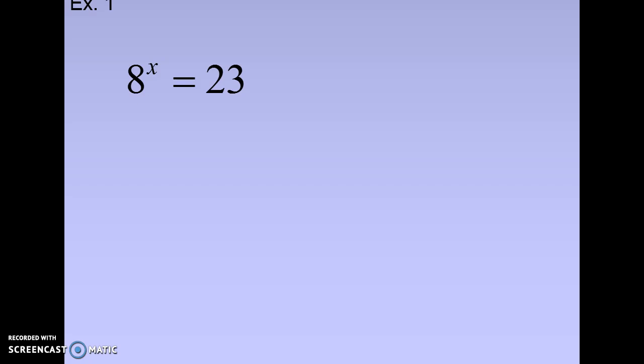So we've isolated. Now we'll look at our bases. I know that there are no common numbers between 8 and 23, so therefore I can't rewrite this with like bases. So I can't use like bases. I've got to use what happens when we don't have like bases. So what we can do is take our base 8, because 8 is the base, and turn it into a log.